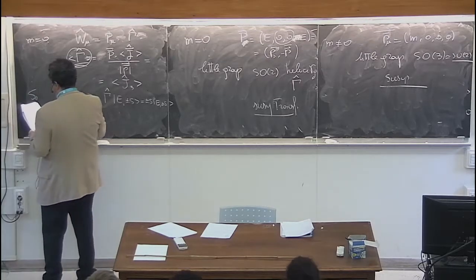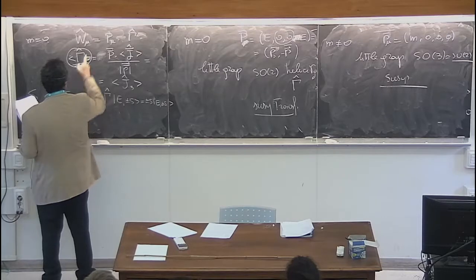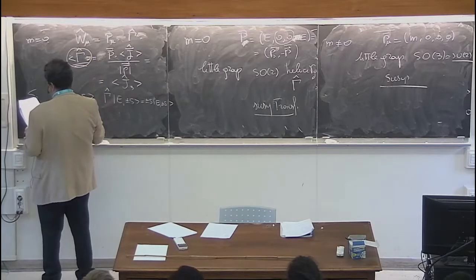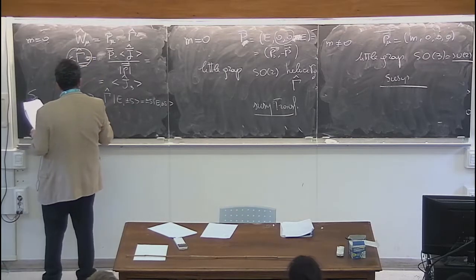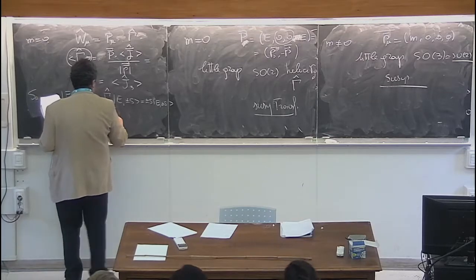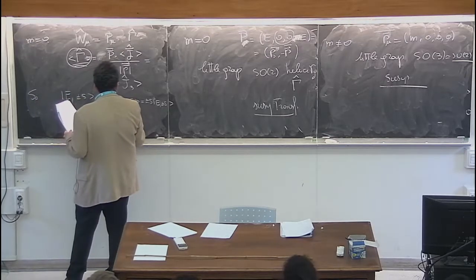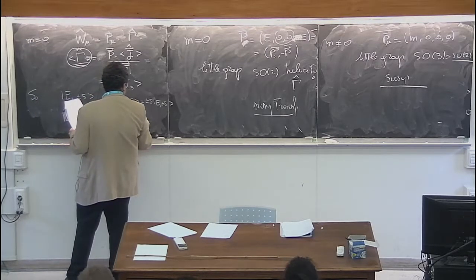So W, the Pauli-Lubanski zero component, on E plus or minus S is equal to E times plus or minus S times E plus or minus S.